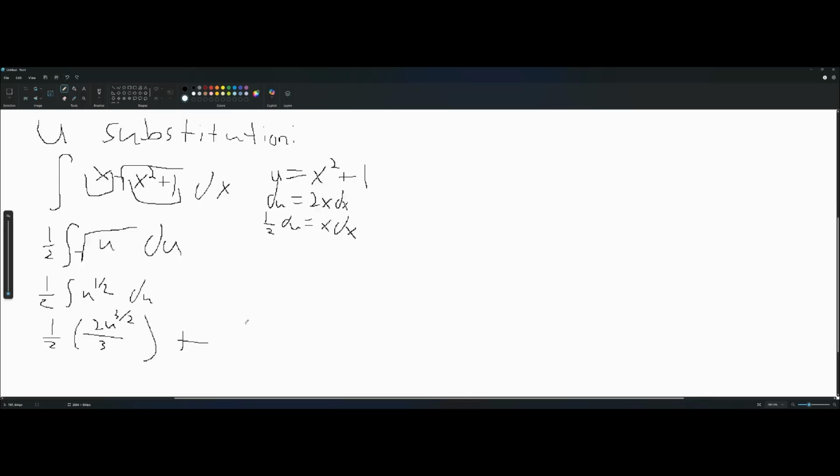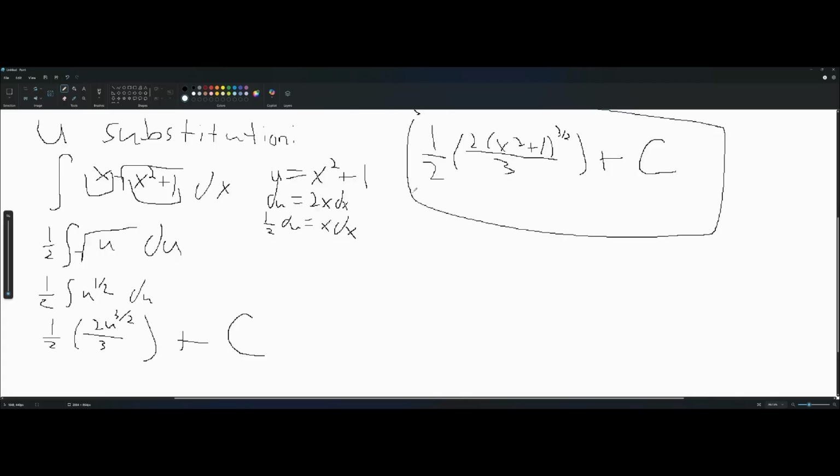But we can't forget that we have to substitute back in our x value. So what this actually is, is equal to 1/2 times 2 times (x squared plus 1) to the 3/2 over 3 plus c.